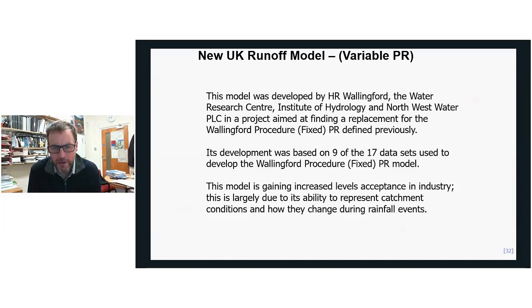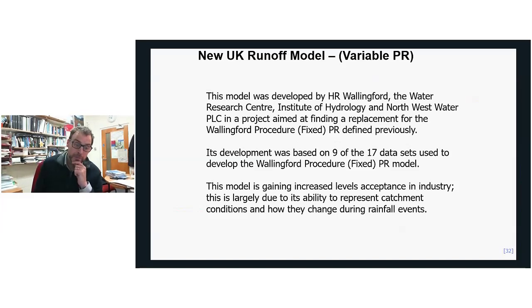They re-reviewed all these data sets, and they decided that 8 of them were questionable. So they removed those 8, including the only one which was collected in Scotland, if I recall correctly. Then they reanalyzed the data, and came up with what's called the new UK runoff model. It's not so new now, it's actually quite old, but that's what it's called.